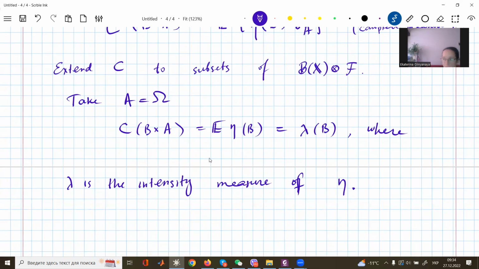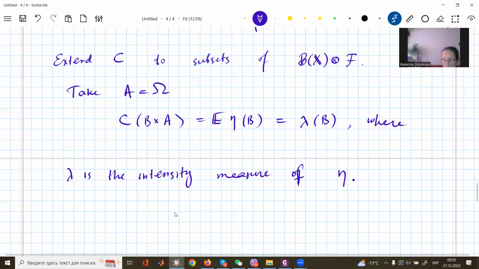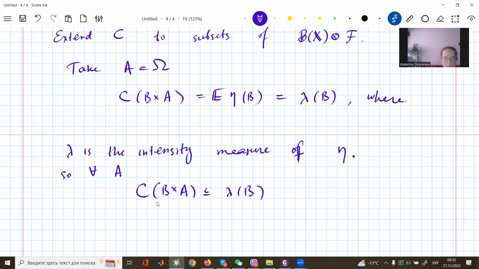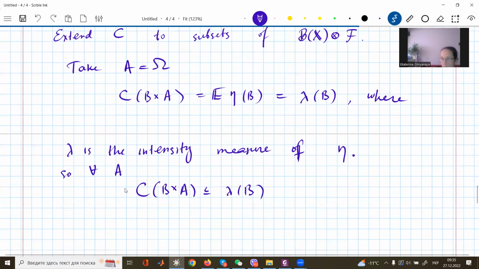So with this in mind, we can say that for any A, this is less than or equal to lambda of B. So if we have a point process with locally finite intensity measure, then in such a form I can write a bound for the Campbell measure.